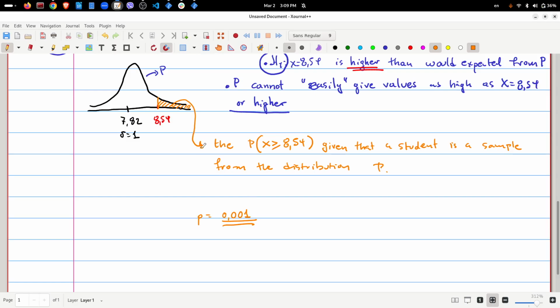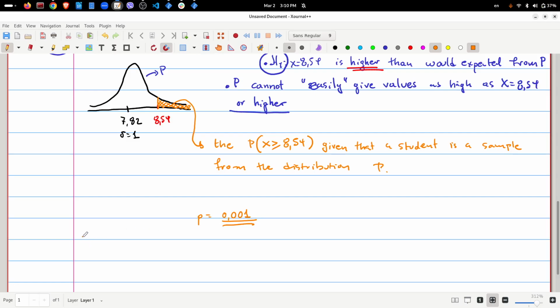So the probability, in other words, to observe that a mark is greater than 8.54, given that this mark is coming from this P distribution, is 0.001. In other words, the probability to observe such a high value, 8.54 or higher, this is all this area here, is just 0.001.